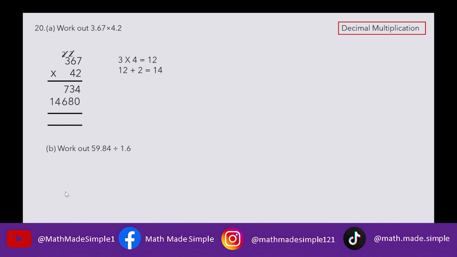And then I need to add these two together. I'm just adding and carrying.